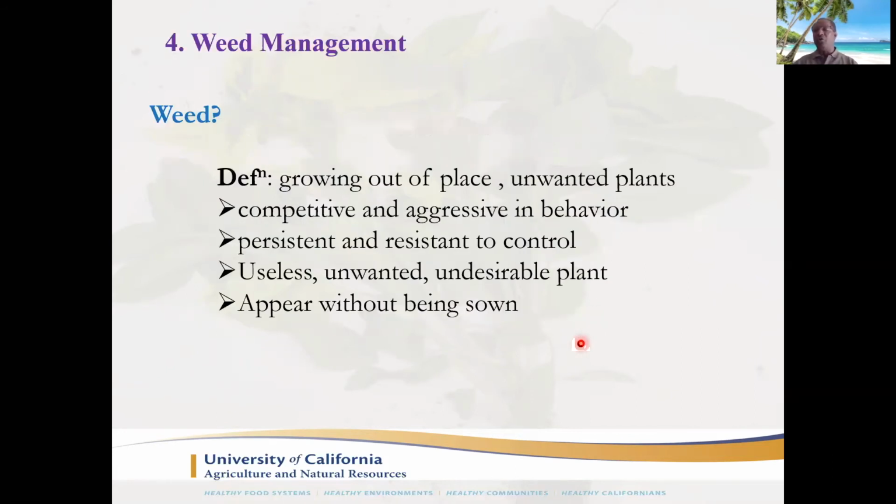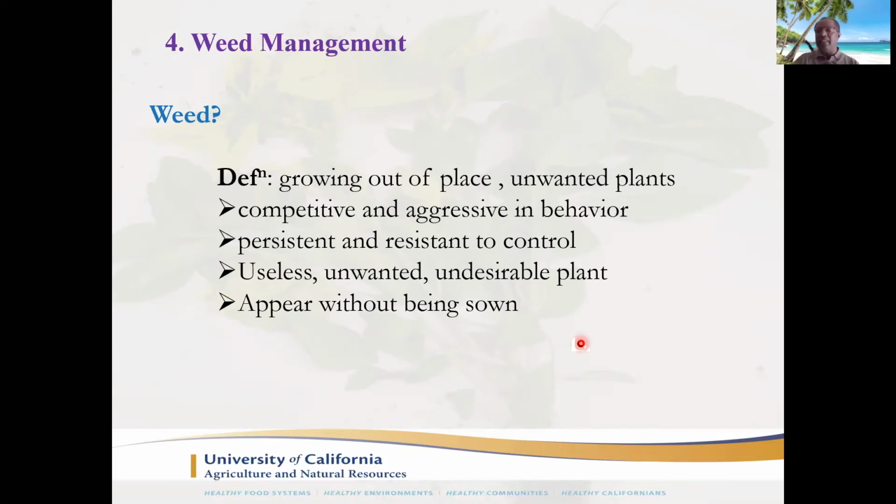Okay, fourth, weed management. I'm sure we all know what weeds are. They look like your plants, but they are not actually your friend, okay? Except if they are also edible. But most weeds are not edible, okay? What do they do? They compete against your plant. You don't see them choke your plant.